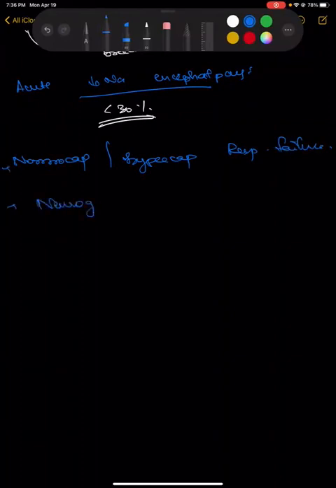There can also be normocapnic or hypercapnic respiratory failure, and something called neurogenic pulmonary edema, wherein the wedge pressure would be normal.